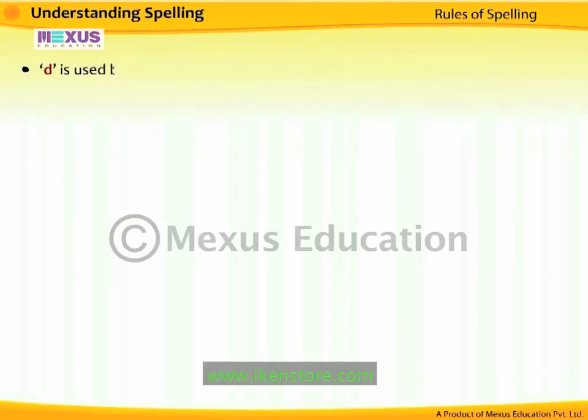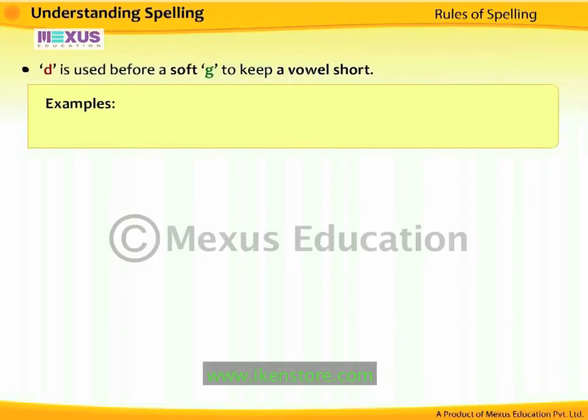D is used before a soft G to keep a vowel short. For example, F-U-D-G-E, fudge. B-R-I-D-G-E, bridge.